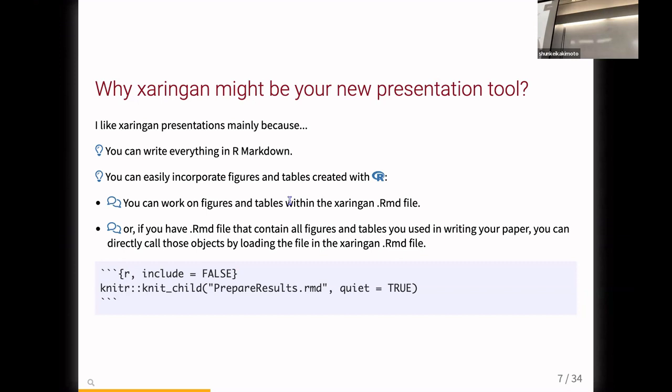I create all the figures and tables in a single R Markdown file called the figure results R Markdown file. Then I call this file in the Xaringan R Markdown using this chunk. By doing so, I can directly call those objects stored in this R Markdown file into my Xaringan slides.